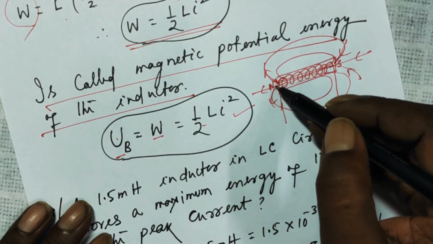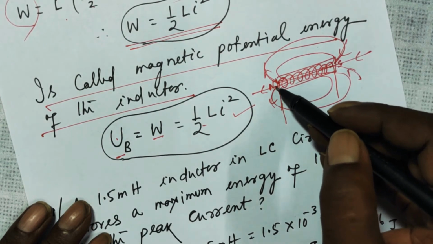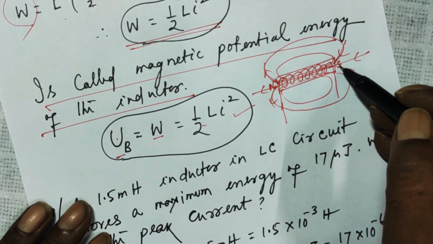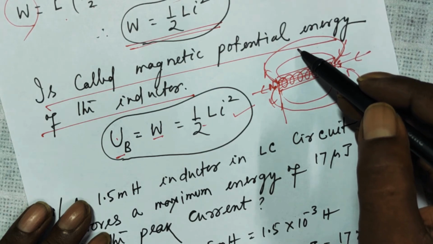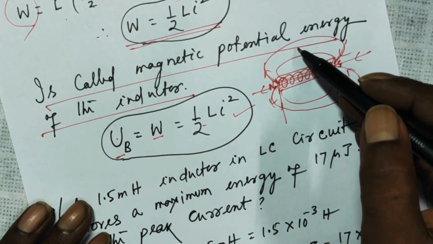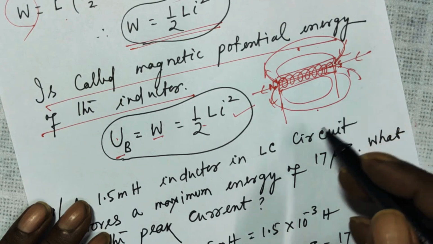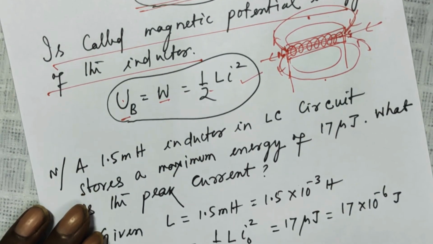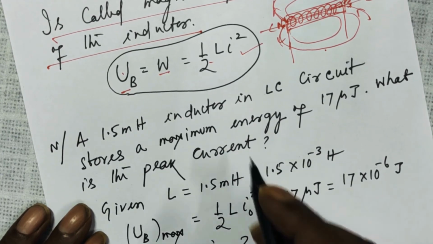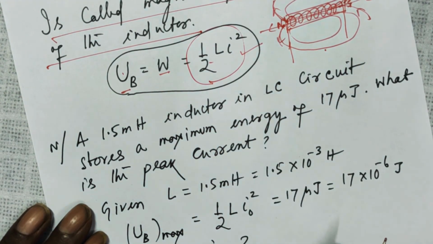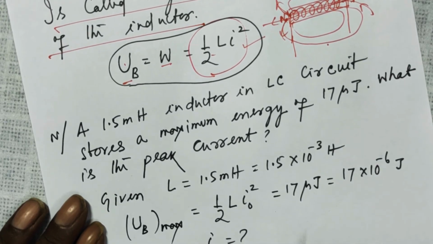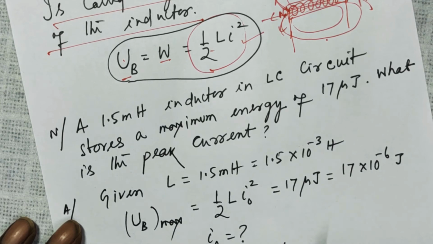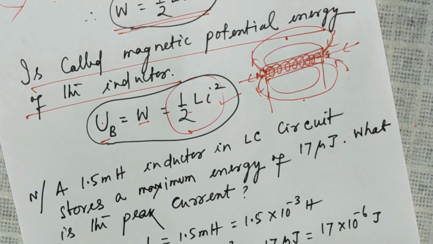More lines of force are concentrated here and here. If you hold a unit area here, the flux will be more. If you hold the area here, the lines of force passing through normally will be less. This is what I wanted to brush off from your previous knowledge, which I explained in previous lessons. So this is the energy stored in the inductor in its magnetic field, because when current is flowing, it is behaving as a magnet, right?